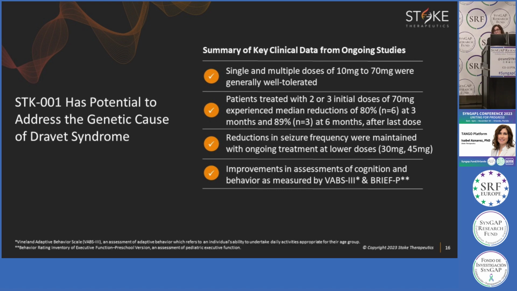And what makes me, and I think everybody at Stoke, the most excited is that we're not only seeing an effect on seizures, but we're also seeing an improvement in the cognitive phenotype of these patients. This is telling us that we're actually treating the entire disease and not just the seizure phenotype. This is what makes me and everybody else at Stoke, and I'm sure the families, the most excited.